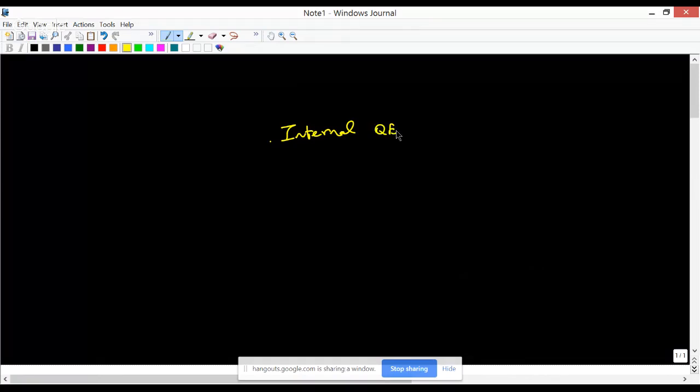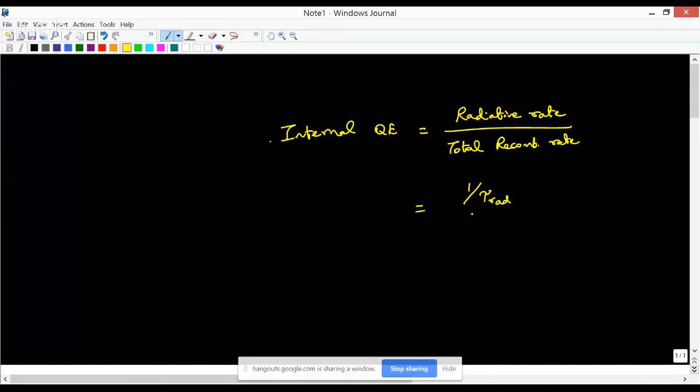Internal quantum efficiency is defined as the radiative recombination rate divided by the total recombination rate. Okay, and we know that the radiative recombination rate is inversely proportional to the radiative recombination lifetime.